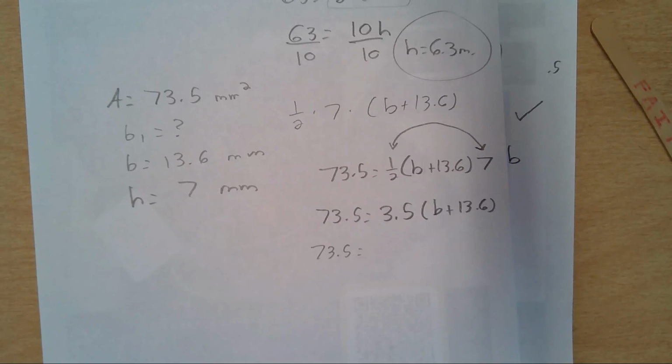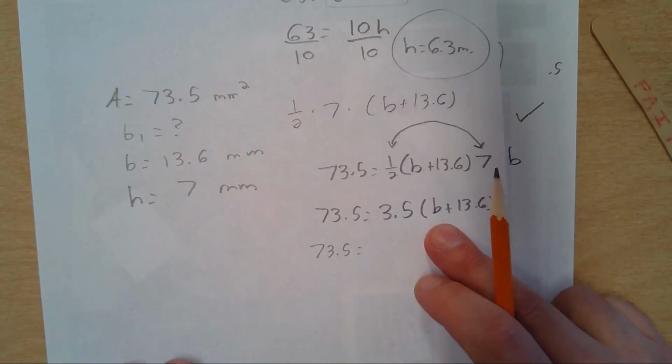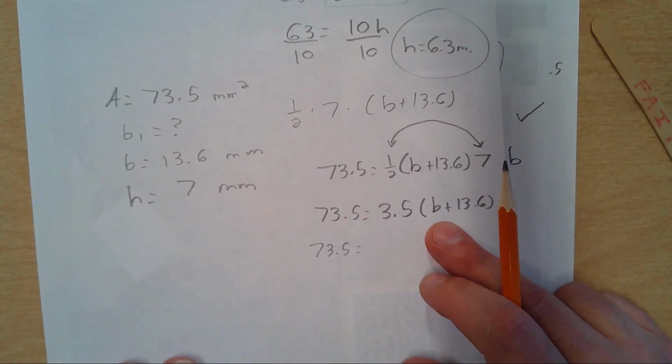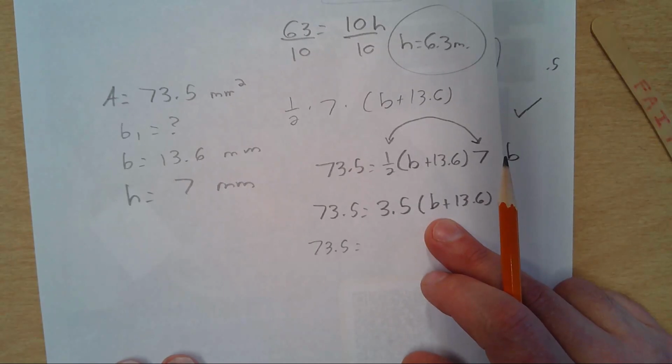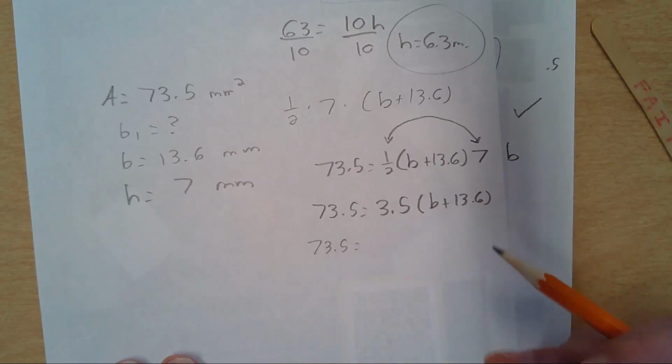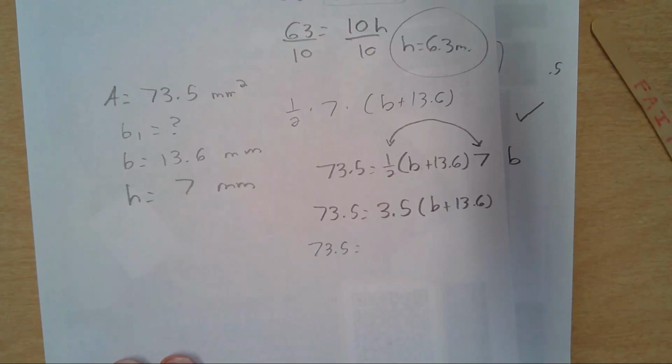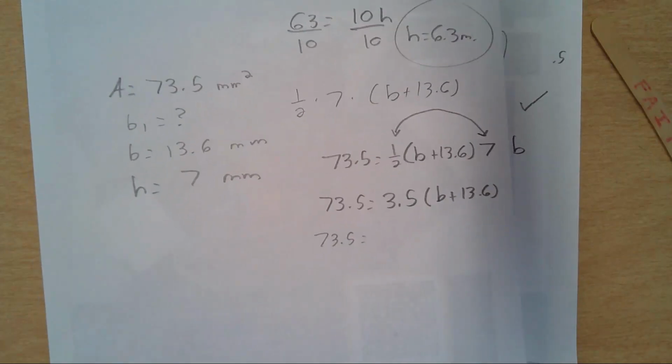Preparing the problem just to solve it. And that's what we're doing right here. We're not trying to solve for b yet because I can't even get to b at this point. So I'm doing pregame work. I'm preparing the problem to solve. Then you'll solve the problem and then step 3 is your simplifying stuff, whatever you've got to do to represent your answer in the right form, convert, and so on and so forth.